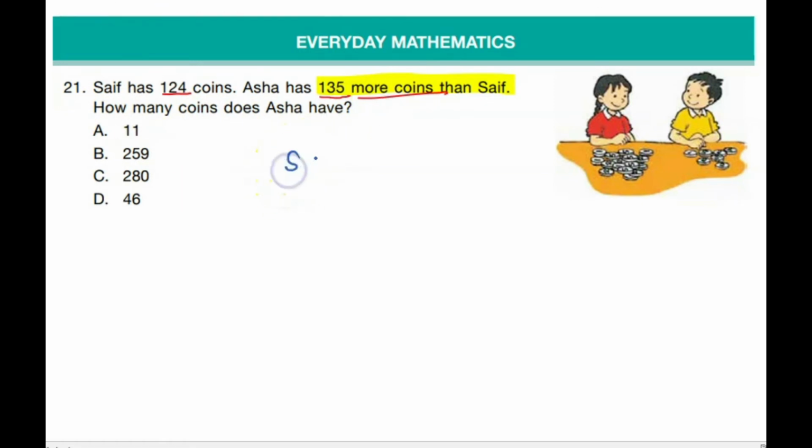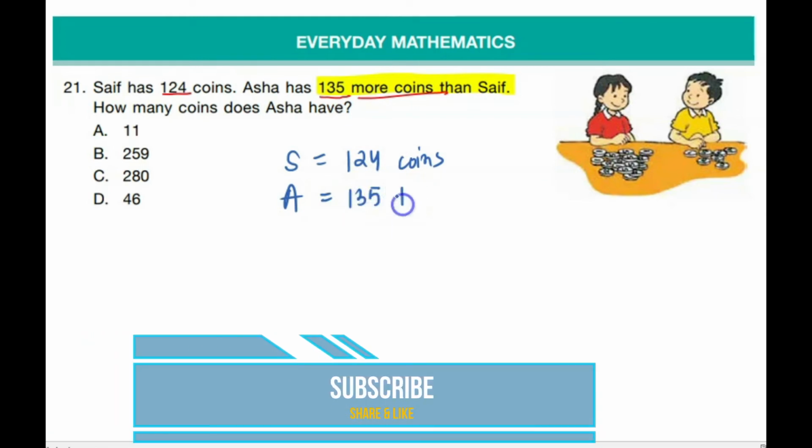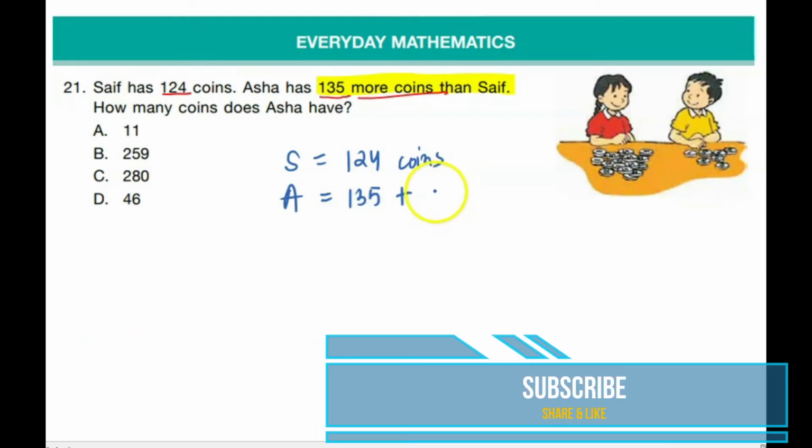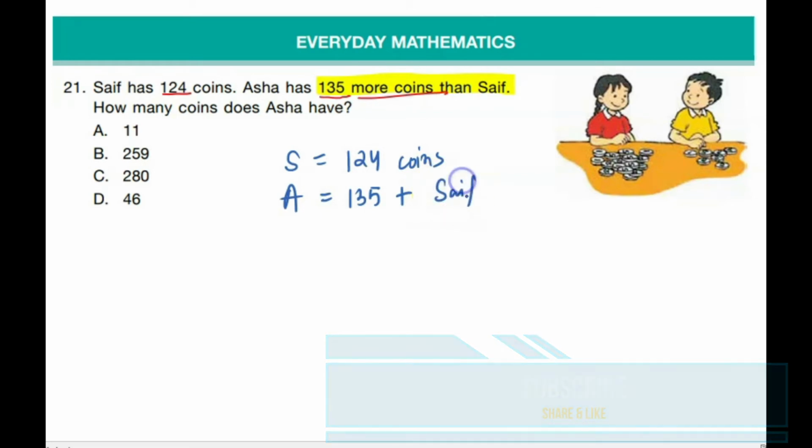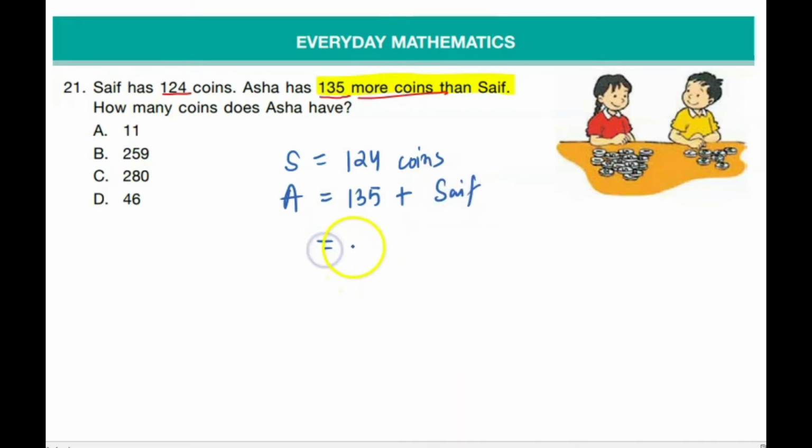So Saif is having 124 coins, right? Asha is having 135 more. More means plus coins of Saif. So 135 plus 124.